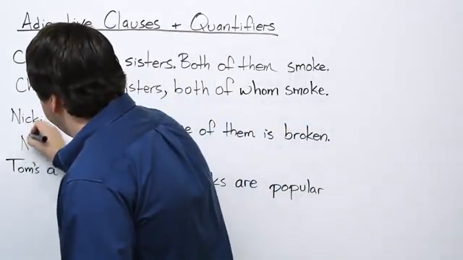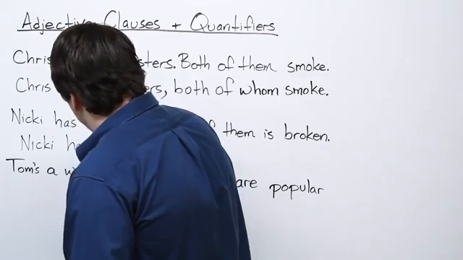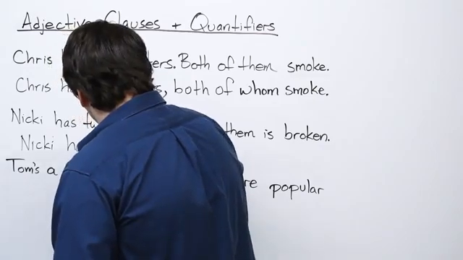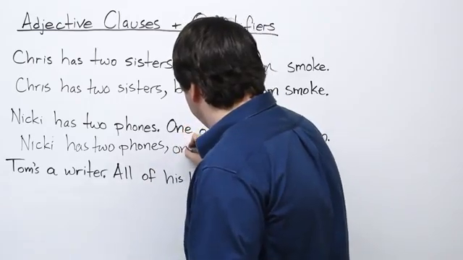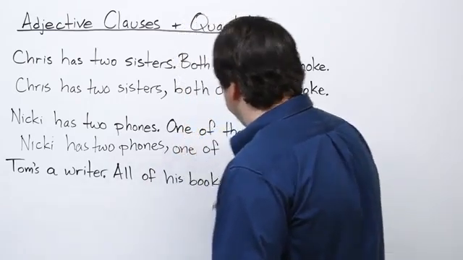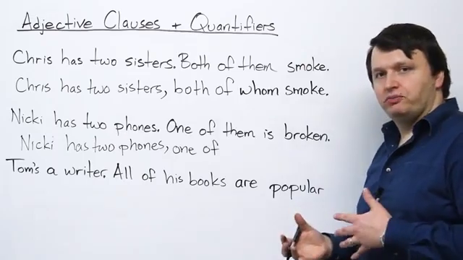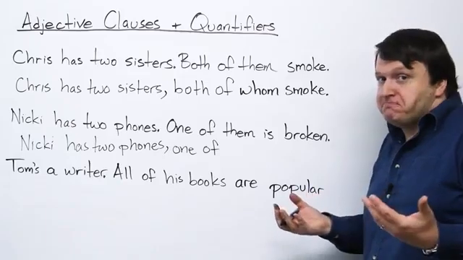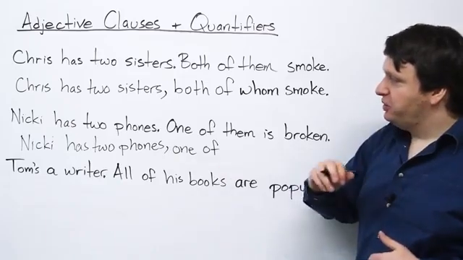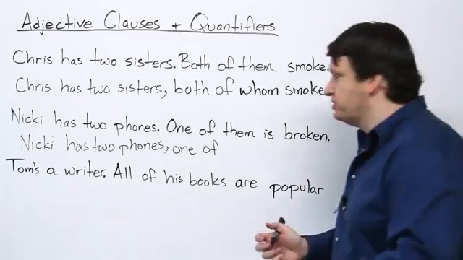So we can say Nikki has 2 phones. One of, okay, we have them. So what do you think? Which, whom, who, that, where, when, whose? Okay, as we know, a phone is an object. With object, you use which.